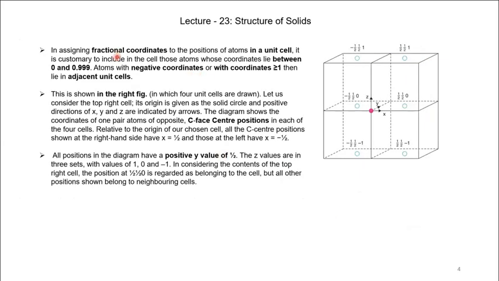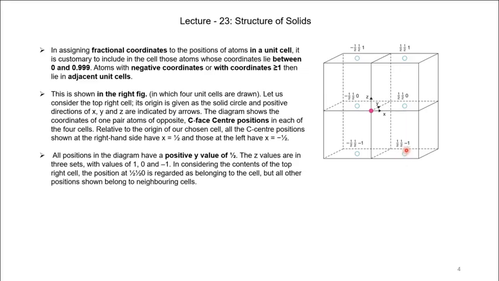We know by now that fractional coordinates in the unit cell are customarily greater than or equal to 0 and less than 1. The coordinate with values greater than 1 lies in another cell. Okay, so we are taking here 4 unit cells in this figure, and we want to find out the coordinate of this atom.